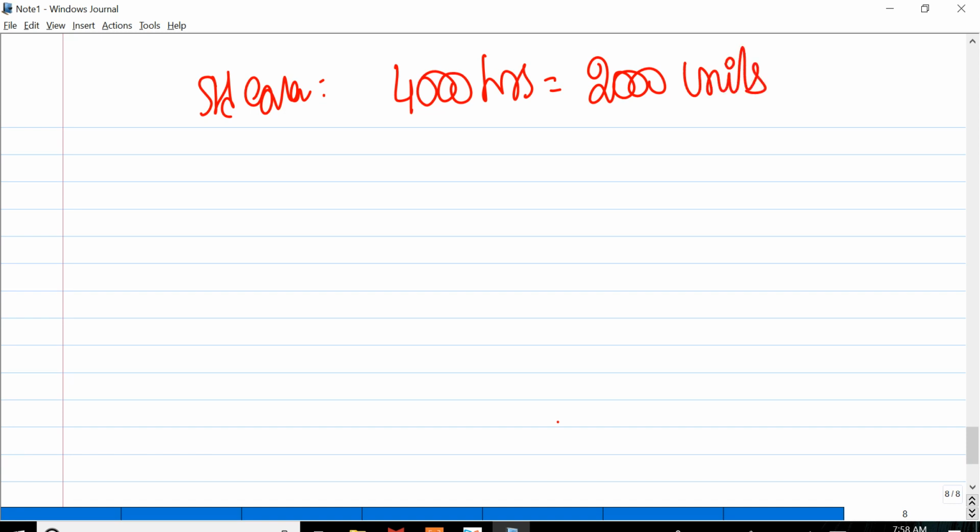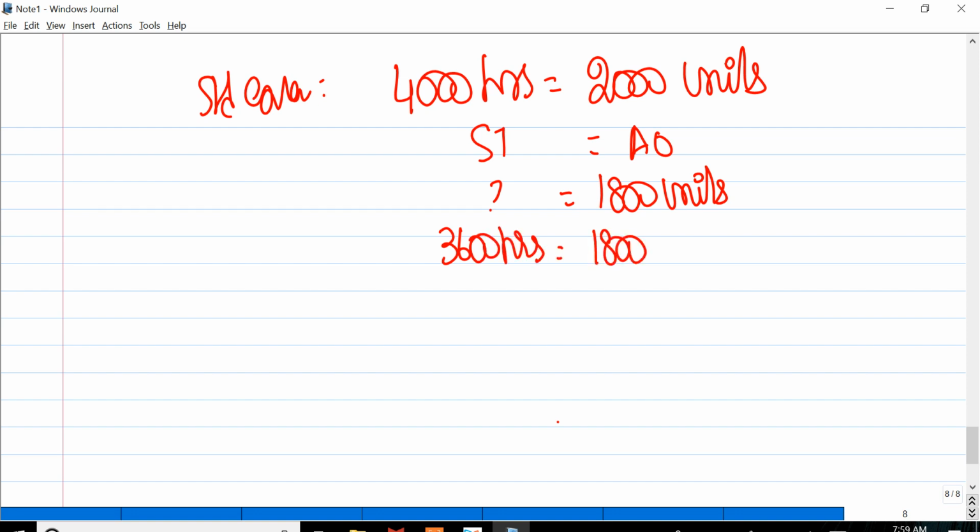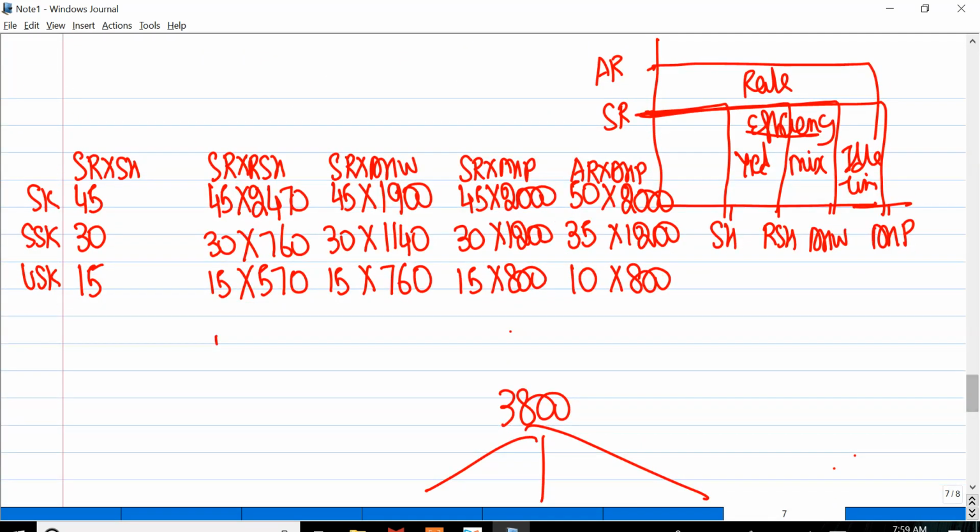Standard output equals actual output, so the question mark equals 1800 units, and the question mark is 3600 hours. You will split this in the ratio of 65:20:15.